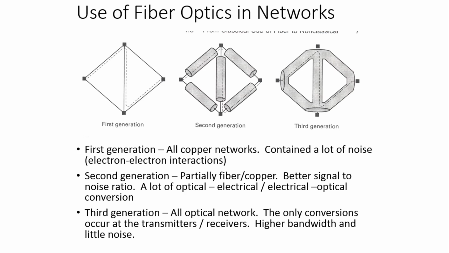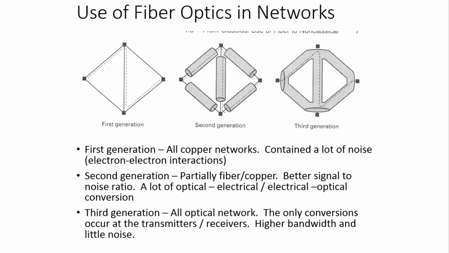In first generation, all-copper networks contain a lot of noise and electron-electron interaction. In second generation, partially fiber and copper, better signal-to-noise ratio, with a lot of optical-electrical and electrical-optical conversion.